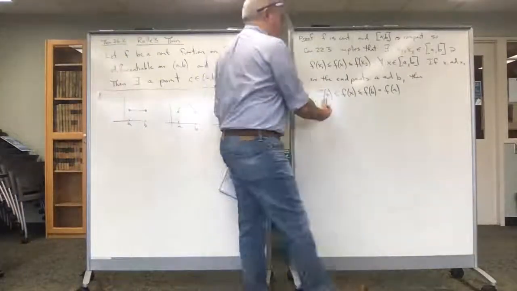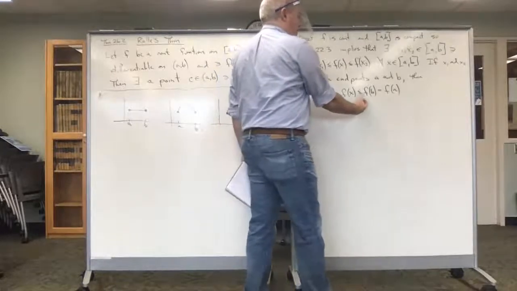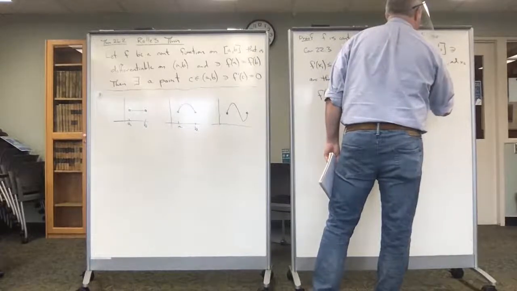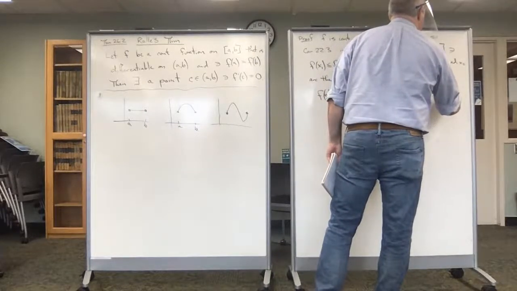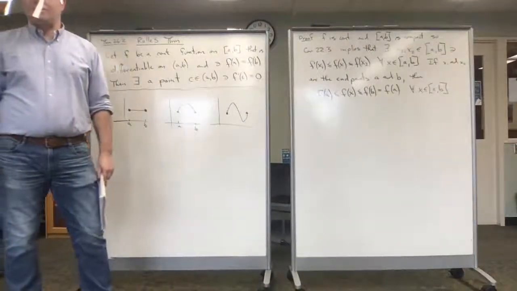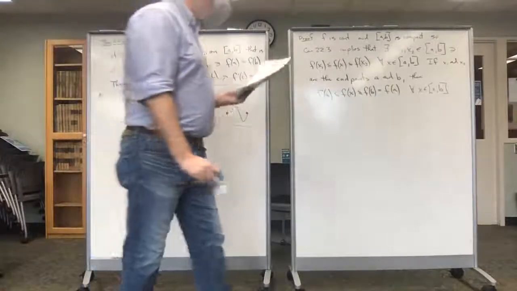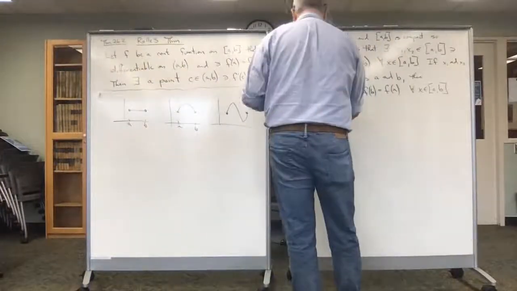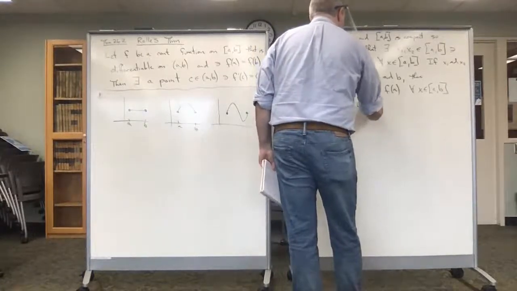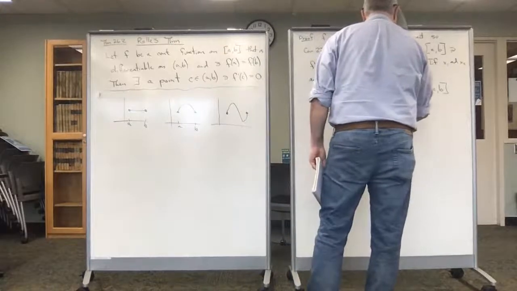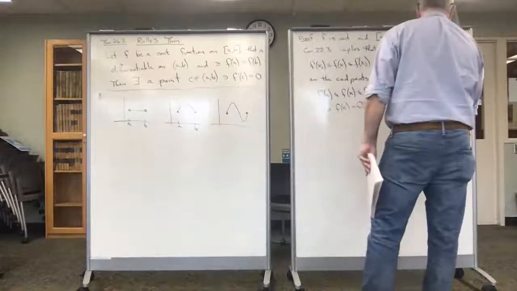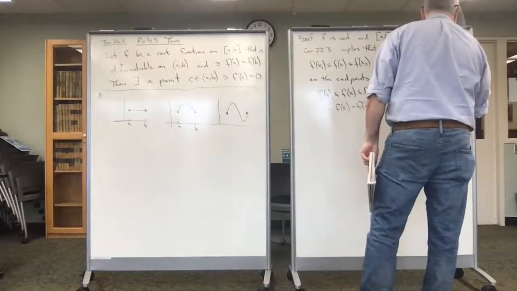So that means that f of A is less than or equal to any value f of x is less than or equal to f of A for all x in the closed interval from A to B. But that is the definition of being constant: everything equals f of A. So f of x is equal to f of A for all x in AB. So f of x is constant.